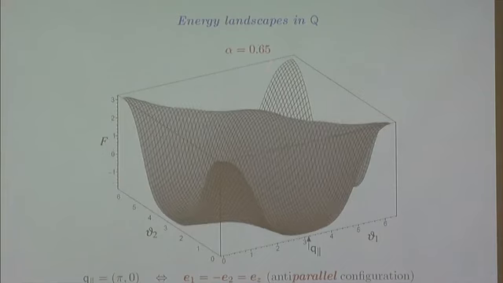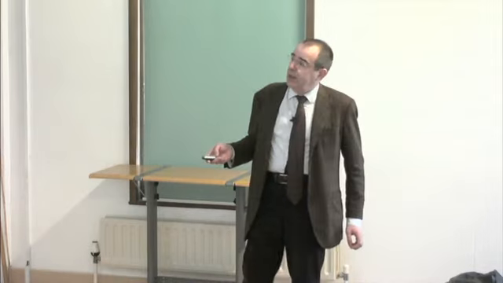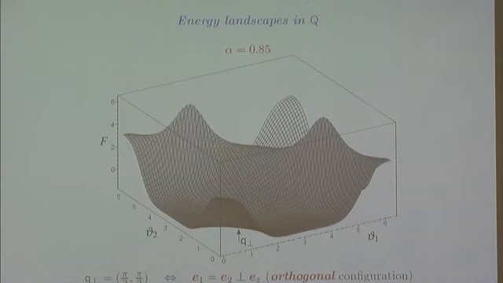But this is a situation which persists for a certain range of alpha, up to 0.65 indeed; this is still the configuration with the least energy. And then there is a critical value of alpha, which we'll see in a moment can be determined analytically, at which indeed there is this switch of ground state.